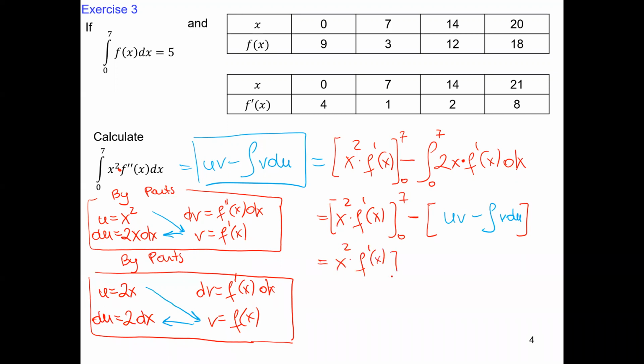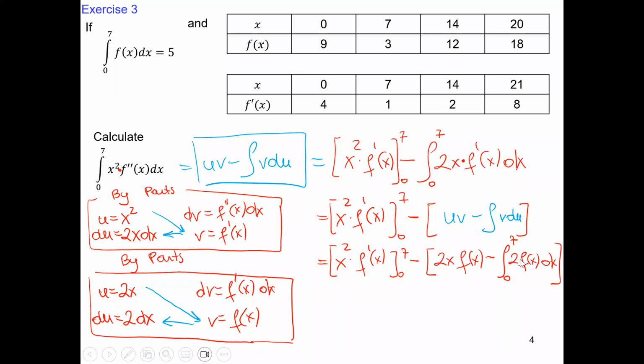We remember the beautiful presentation of the solutions. u times v is 2x f of x minus the integral of 2f of x dx. Limits of integration are from 0 to 7, and we will also apply from 0 to 7 to that part. Let me rewrite with applying that negative.